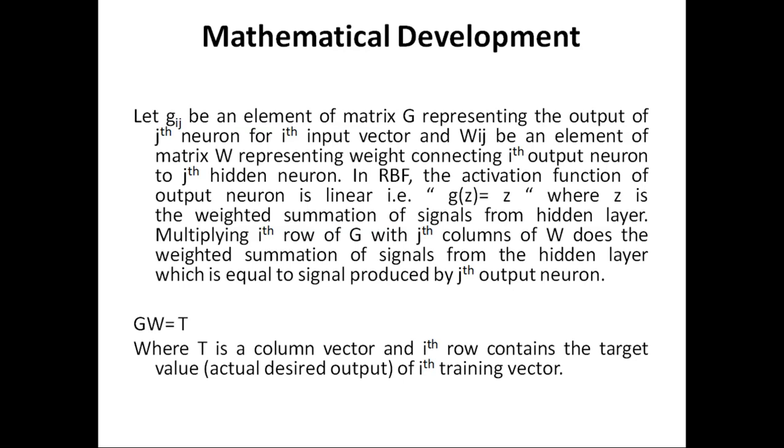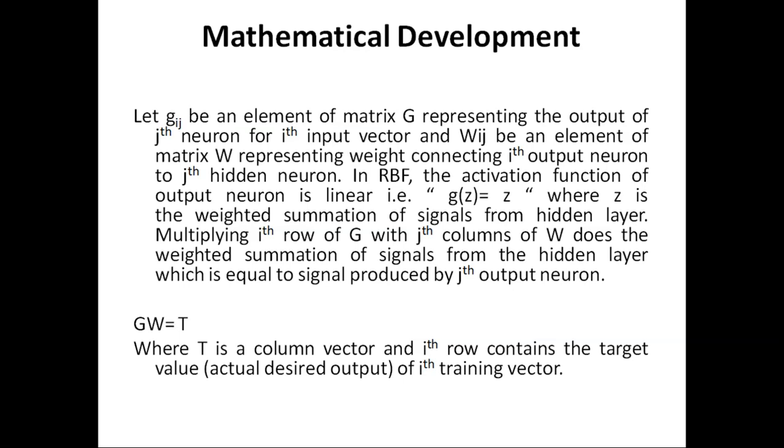In RBFNN, the activation function of the output neuron is linear. For the output it is linear, remember. So that is g of z equal to z, where z is the weighted summation of this. It is the same thing we use for our perceptron. One is input x, one is w, x into w, it is the net, processed by a function. Same thing, only different notations are given here.